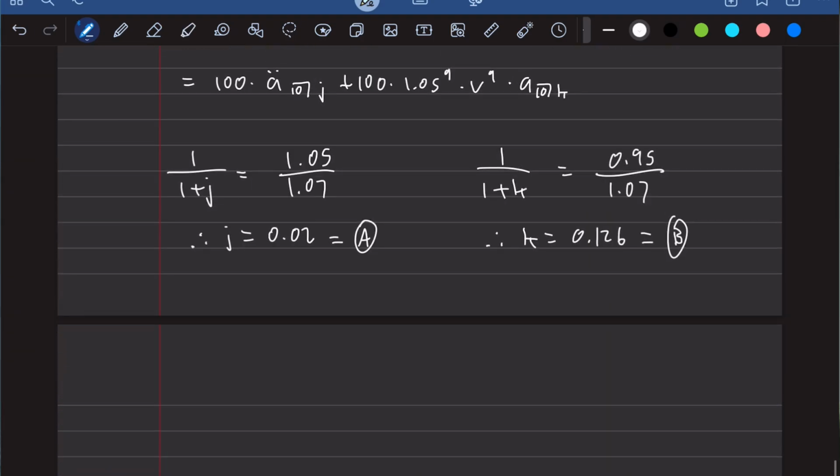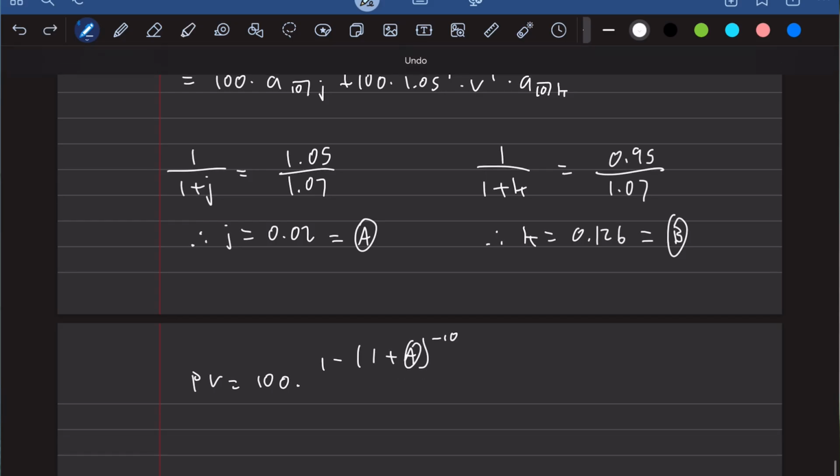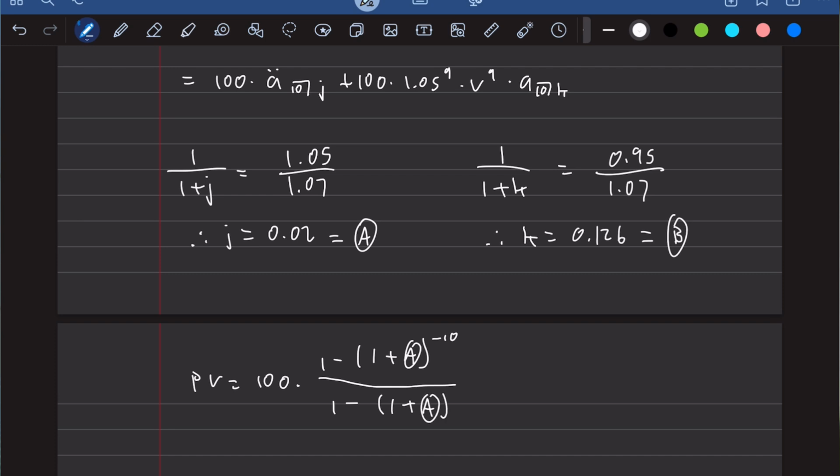Perfect. So now the present value, we said it was 100 times an annuity in advance at J. So that's going to be 1 minus 1 plus A to the power of -10 all over, since it's in advance, we have to do 1 minus 1 plus A to the power of -1. Cool. Now I need to do this part. So plus 100 times 1.05 to the power of 9 times 1.07 to the power of -9.